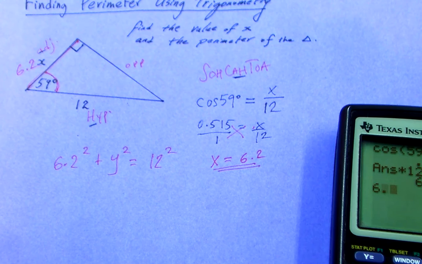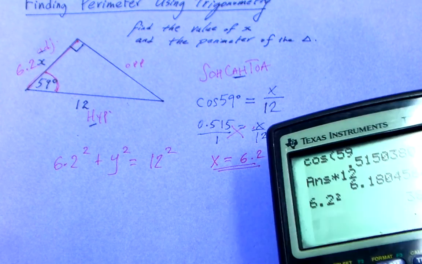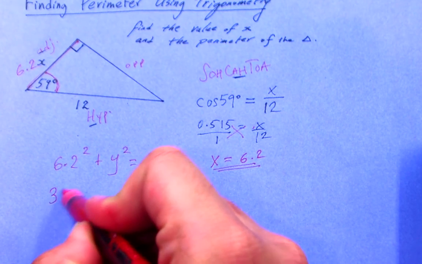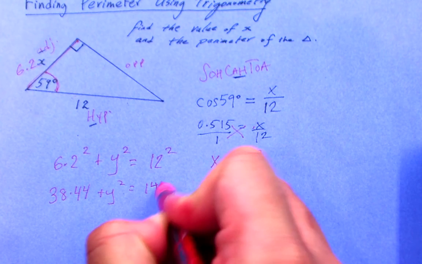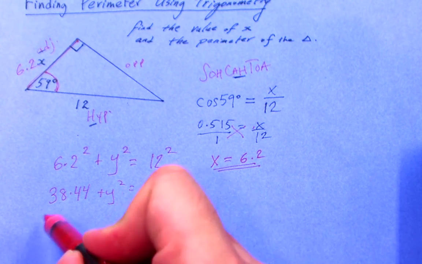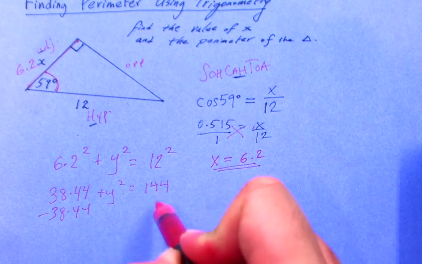I'll do it real quick just so you have some more familiarity with it. 6.2 squared is 38.44, plus y squared equals 12 squared, which is 144. Subtract this quantity to maintain balance.